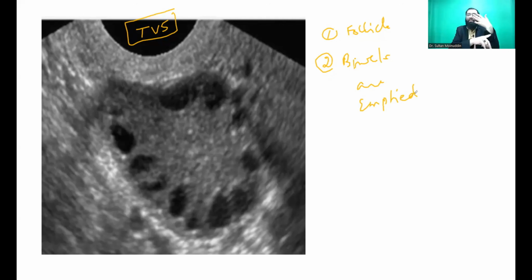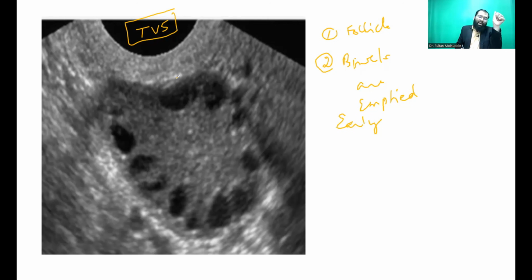So ask them to empty bowels and do the scan in the early morning. Whenever we do follicle monitoring, the preferred time is early morning because the bowels are empty. There is the least amount of gas after emptying the bowels. So this is the preferred time to look for ovaries.